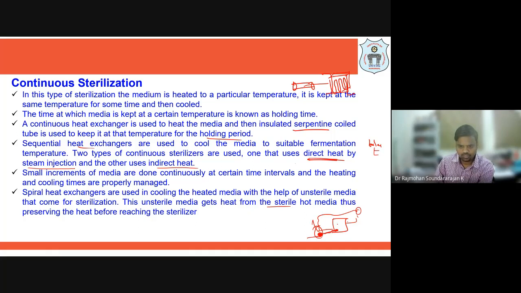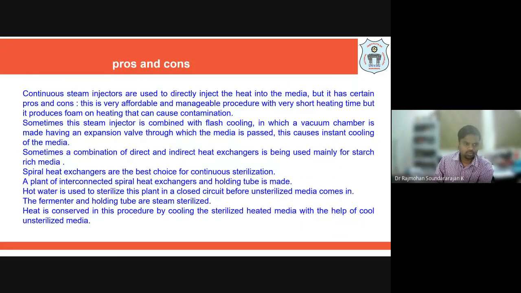When it is continuous, we have to plan economically how to make use of the heat available in the system. All that we will be learning under plant utilities, right? If you have an elective course on plant utilities, you will learn them in detail. There are some pros and cons for each of them.